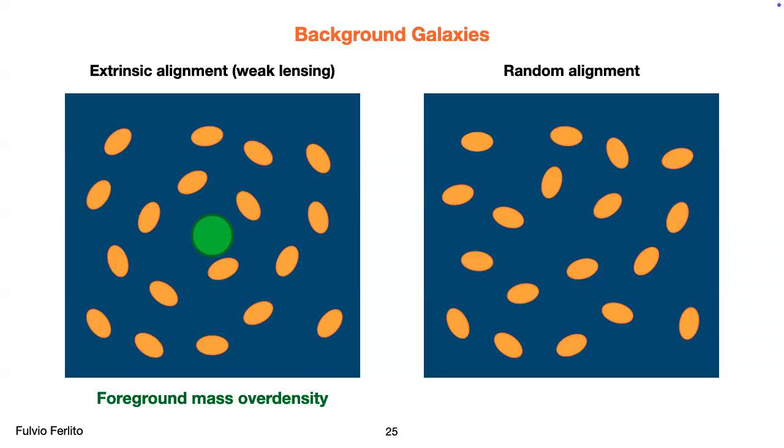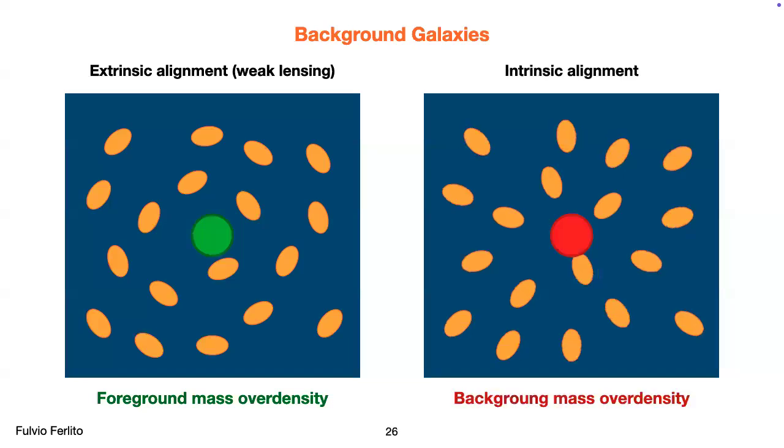But if we put something in the source plane, say a very massive cluster or something like that, we see that galaxies are not really randomly aligned, but tend to have their major axis, if they are ellipses, pointing towards the most massive objects. So basically from this to this. You can see these two effects are going against each other. Indeed, there is an anti-correlation that we can measure, and we'll see this very soon.